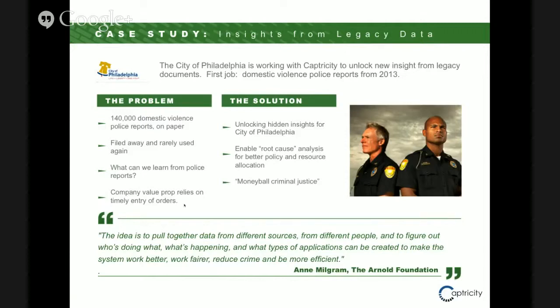The Philly PD already spends quite a bit of effort on this extended police report for domestic violence, some 60 different fields of information, but it's just filed away because it's on paper. That's the only practical solution. So Captricity came in, and we're digitizing about 140,000 documents from the last year, and we're going to pull it together to figure out what's actually happening on the ground.